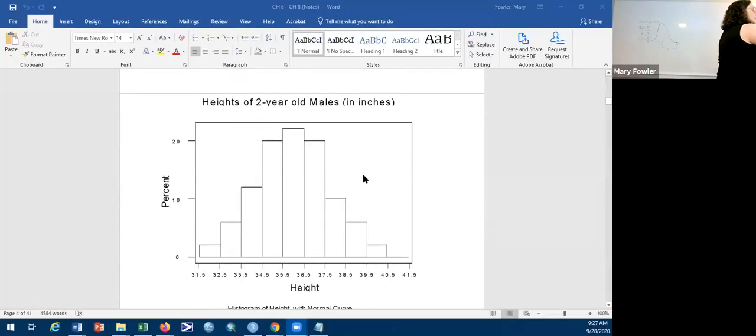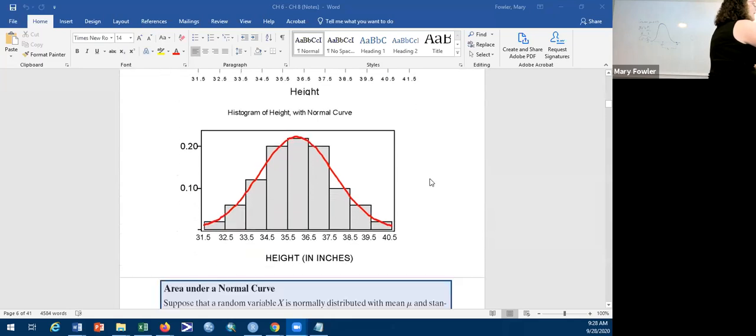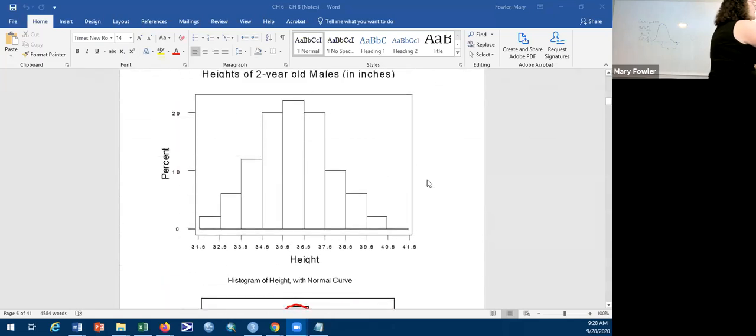Okay, so here is a distribution of heights of 2-year-old males, and what we might like to do from this histogram is approximate. You see, to store this information takes a lot of numbers, how high each bar is, what the cut points are. So there's a lot of information in that histogram.